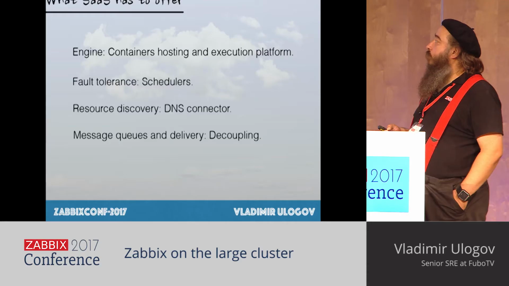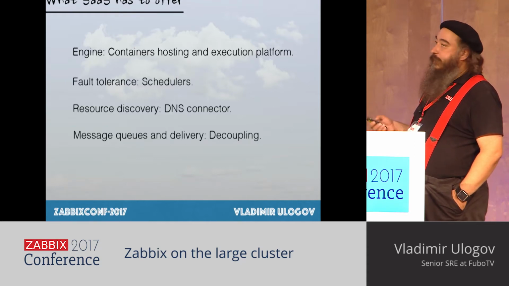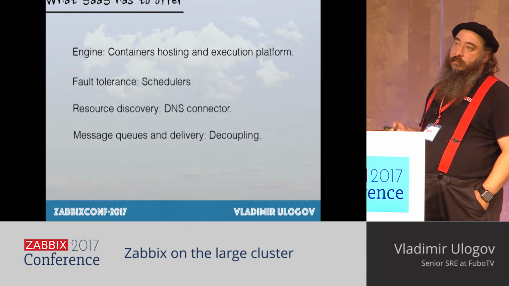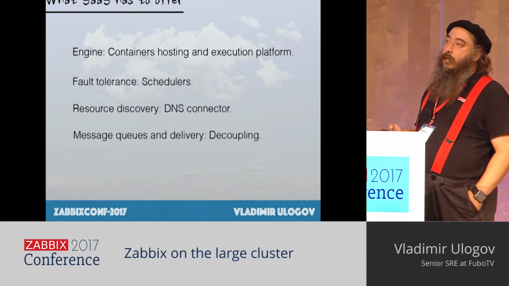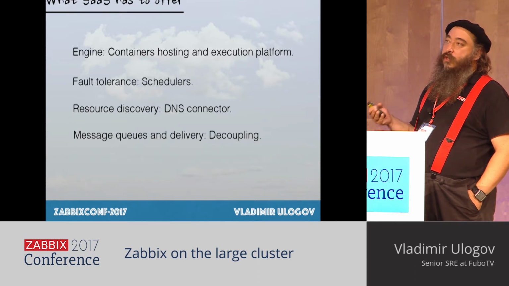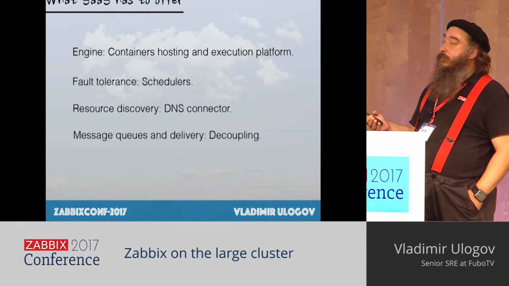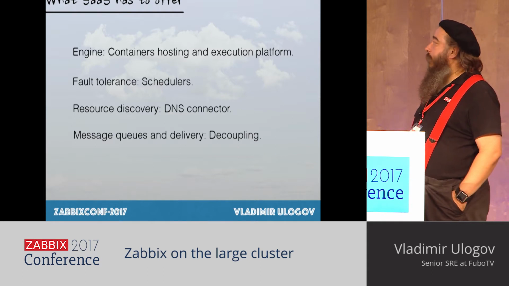And I will tell you, I found 2 of them which are doing that job exceptionally well. Fault tolerance schedulers. A scheduler is a piece of software which decides which resources of the cloud are required to run a specific application or specific container.